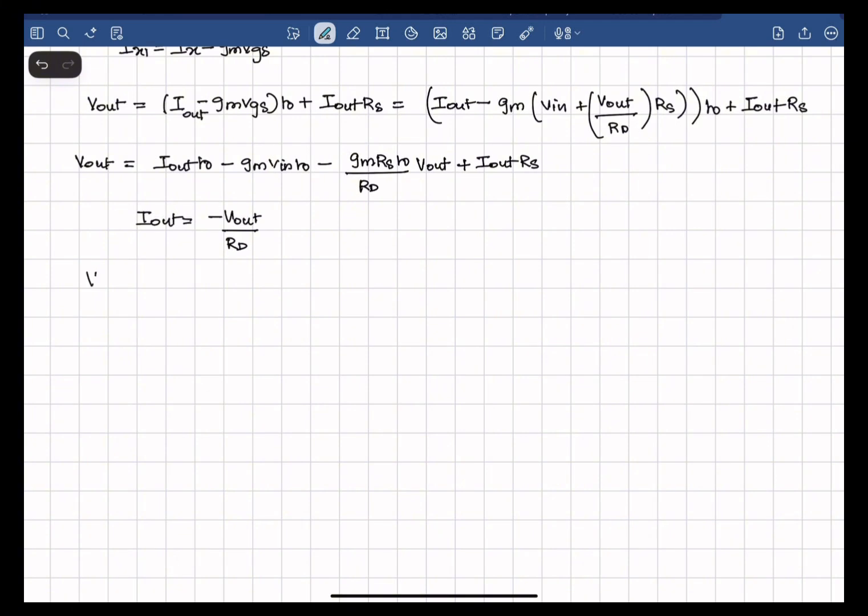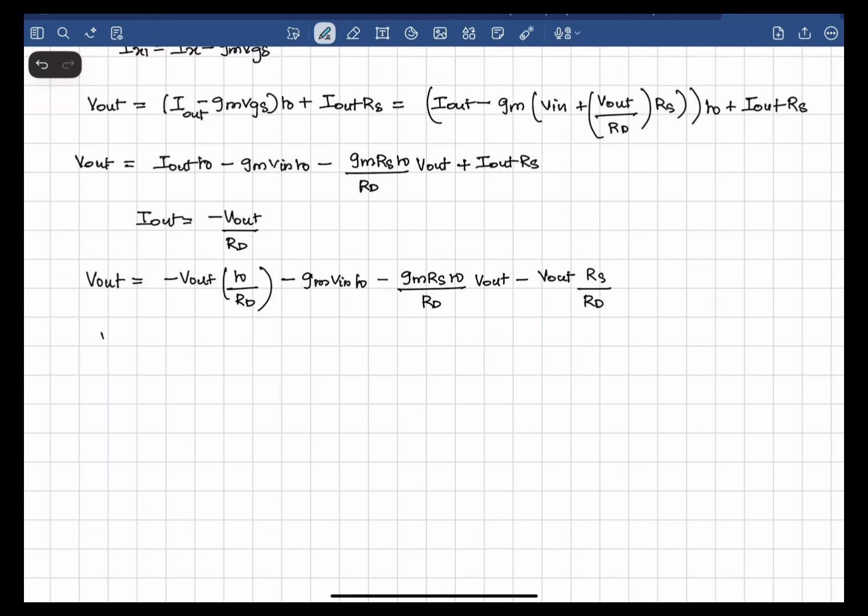Now I'm going to reduce this equation. We know Iout is equal to minus Vout divided by RD. Plugging in this value, we get minus Vout Ro divided by RD minus Gm Vin Ro minus Gm Rs Ro divided by RD into Vout minus Vout Rs divided by RD.